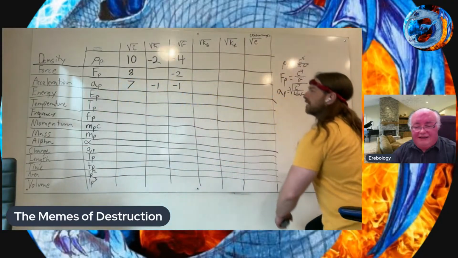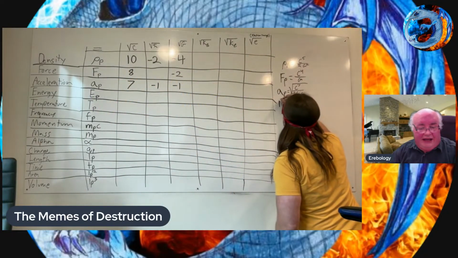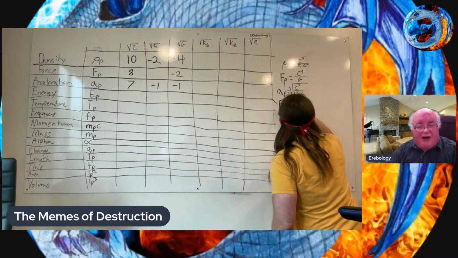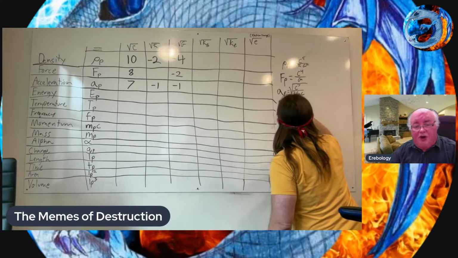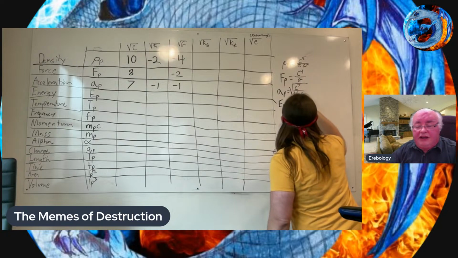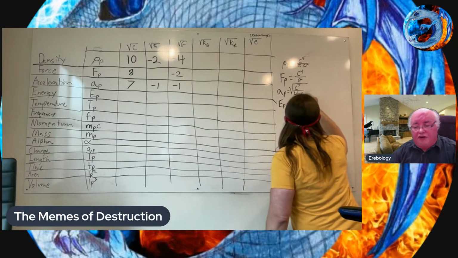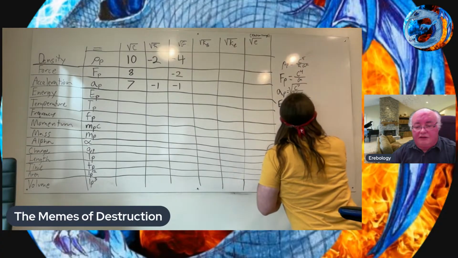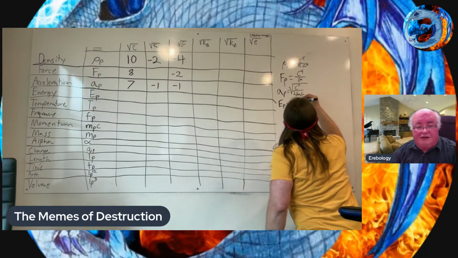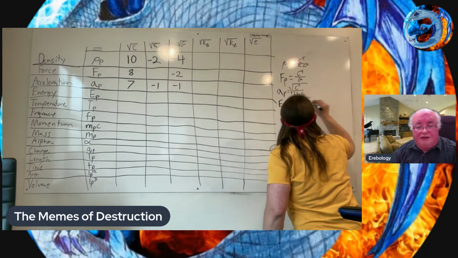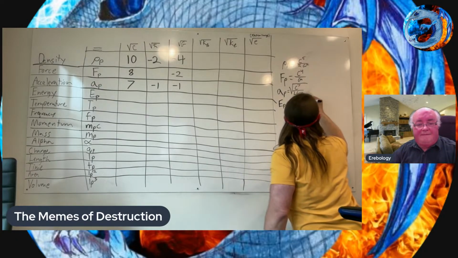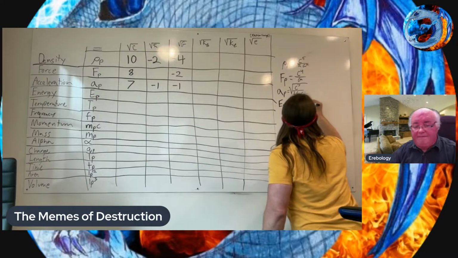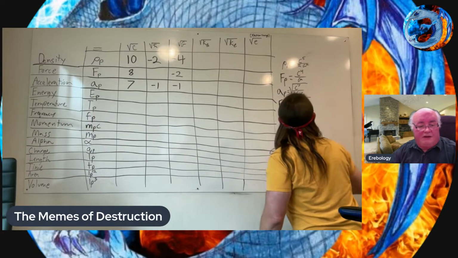Okay. We got energy. I think we'll just start writing down formulas. So energy is E sub P equals everything under the radical h bar c to the 5th over big G. Okay.